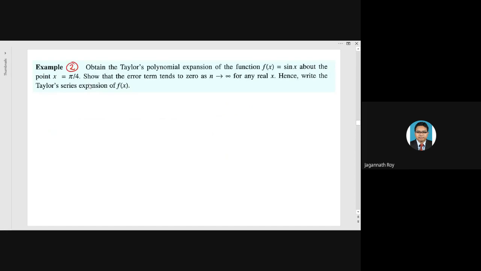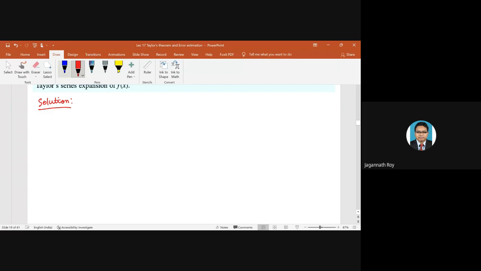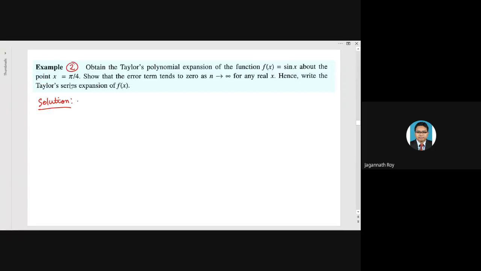So this is 2. Okay. Now what you have to do is obtain a Taylor polynomial expansion for the function f(x) equals sin x about x equals pi by 4.